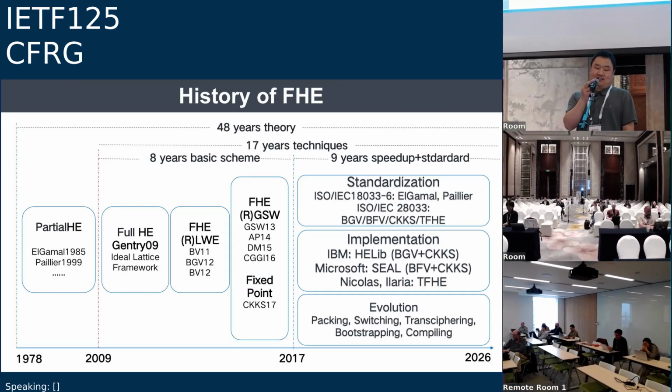And in fact, FHE is not a new primitive. The notion was proposed nearly 48 years ago. And in the first 31 years, it remained one of the biggest open problems in the area of cryptography. Until 2009, the first framework was proposed. And then it took 8 years to design several classical algorithms, such as BGV, BFV, CKKS, and CGGI.